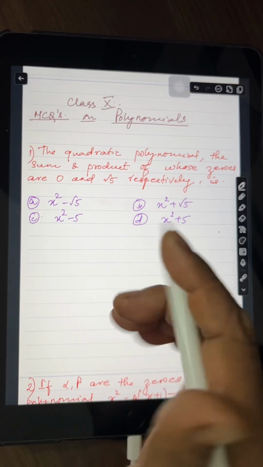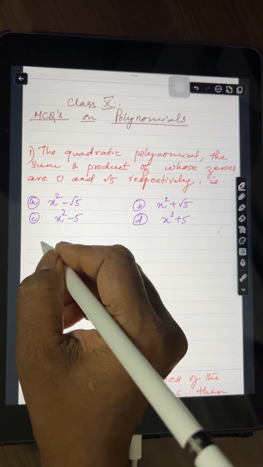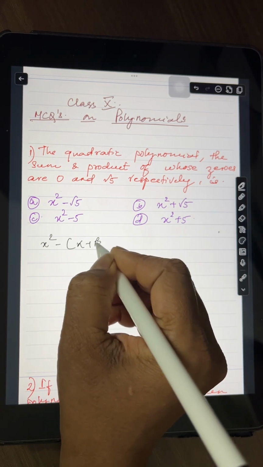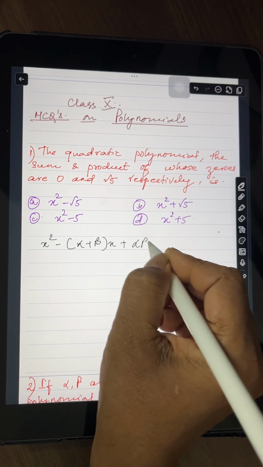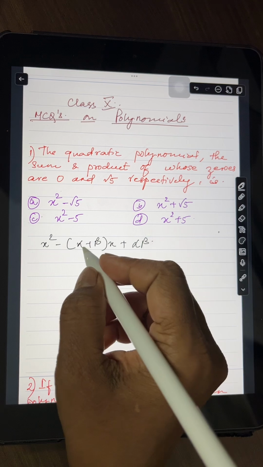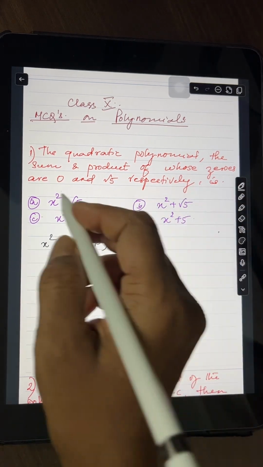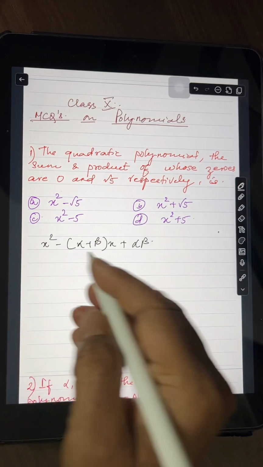So the quadratic polynomial is x square minus (sum of roots) x plus product of roots. Now you see what he is saying: 0 and root 5 are the sum and product.